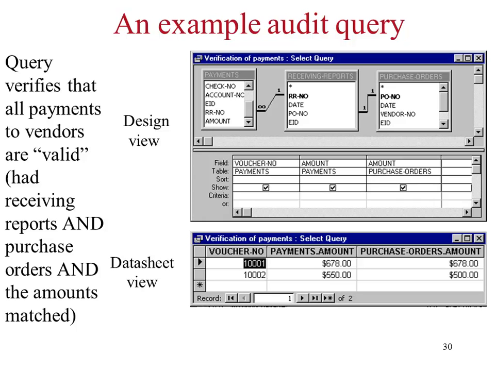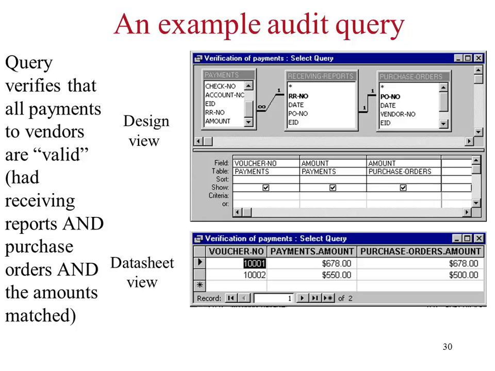You create a simple query. The tables are already linked, so you don't have to link them. You say: show me the voucher number from the payments table, the amount from payments, the amount on checks, and the amount on purchase orders.